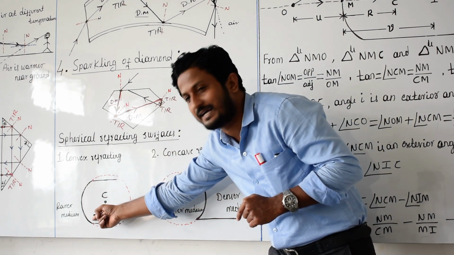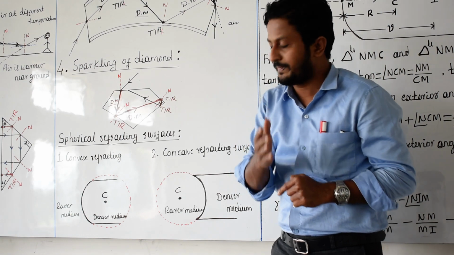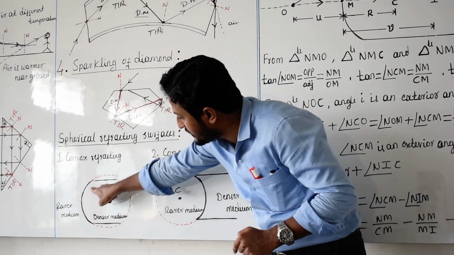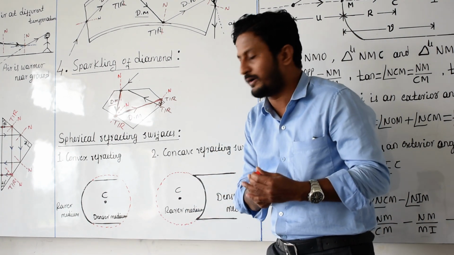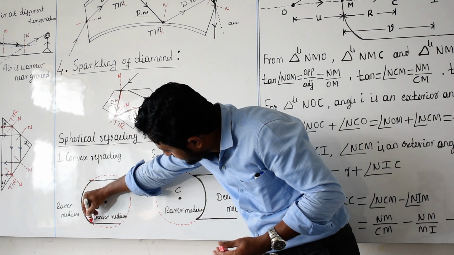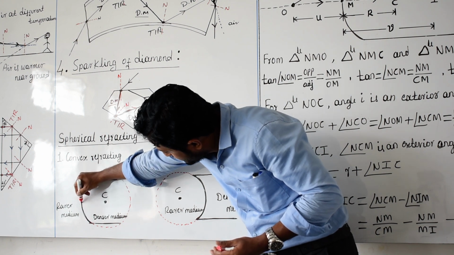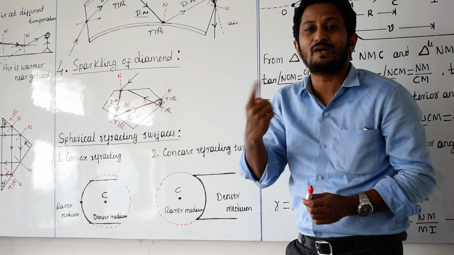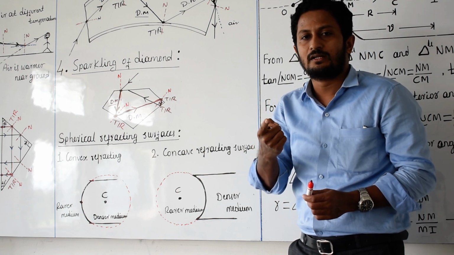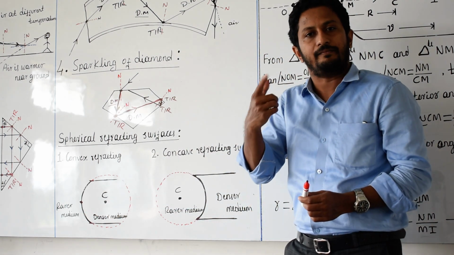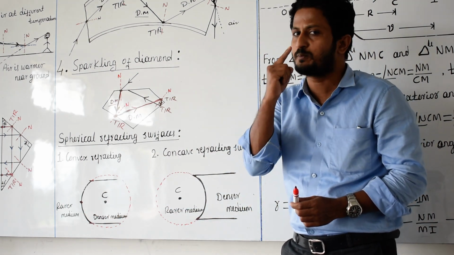The geometrical midpoint of this aperture, that is, the midpoint from here to here, we call the pole, P-O-L-E. The geometrical midpoint of the aperture is called the pole.